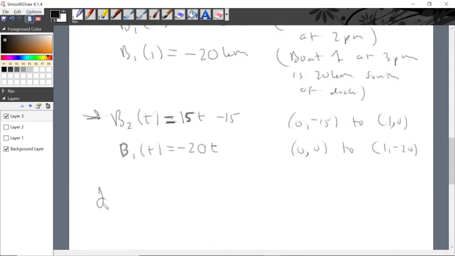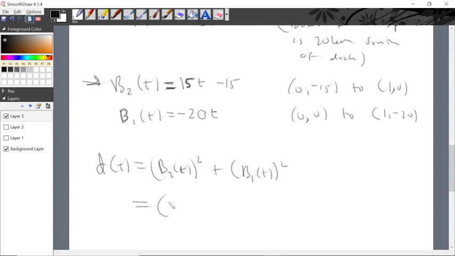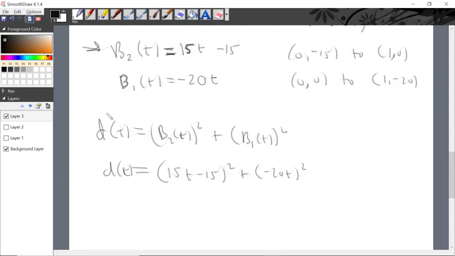The distance function between the two boats can be found by squaring the position of boat 2 relative to the dock, plus the position of boat 1 relative to the dock squared. So you get (15t minus 15) squared plus (-20t) squared. Sorry, that's the distance function squared.